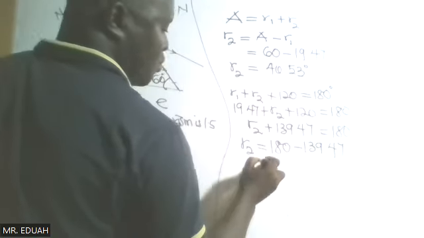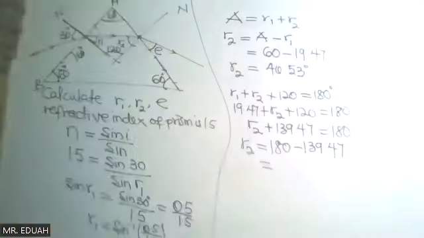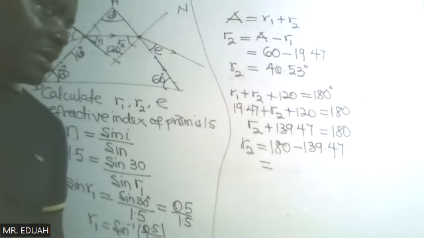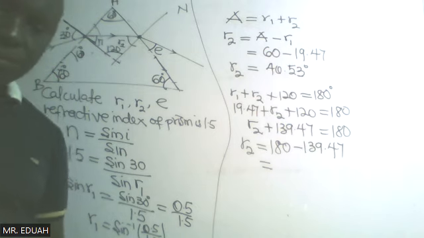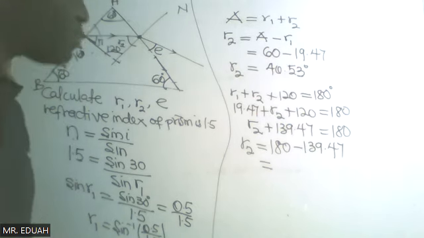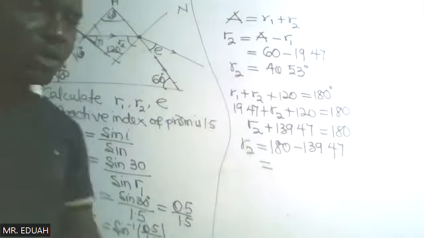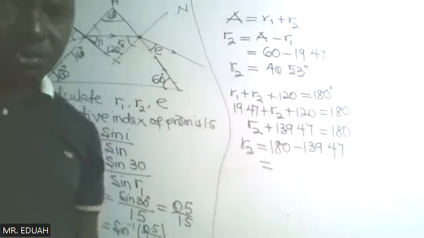What's 180 minus 139.47? 40.53. Exactly. So this is the other way out.